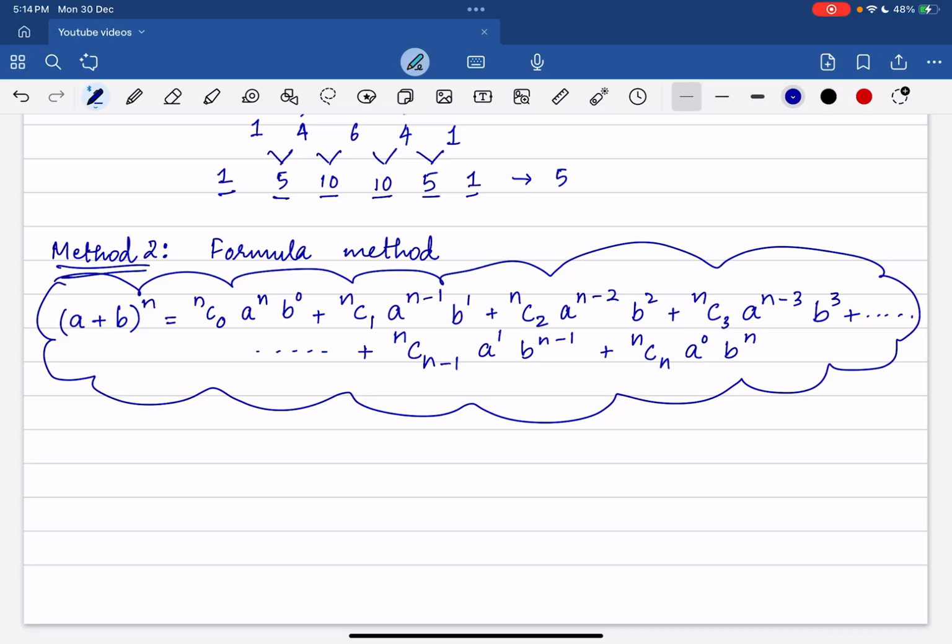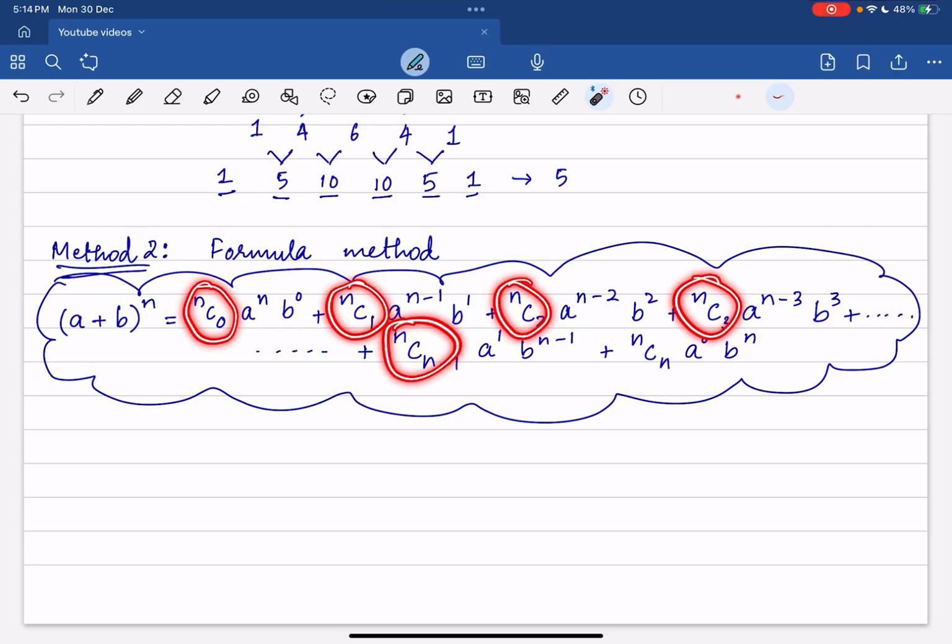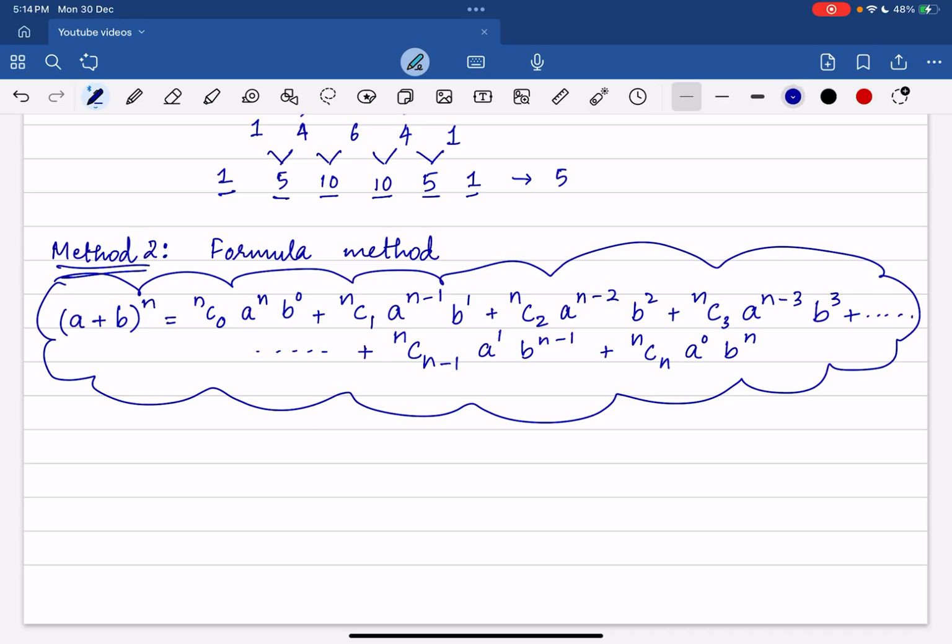So this is the formula method, and in it there is nC0, nC1, nC2, nC3, which means we need to know what nCr is. In general, you will learn this in permutation and combination, but just to give you a small gist, the formula is n factorial over (n minus r) factorial times r factorial.